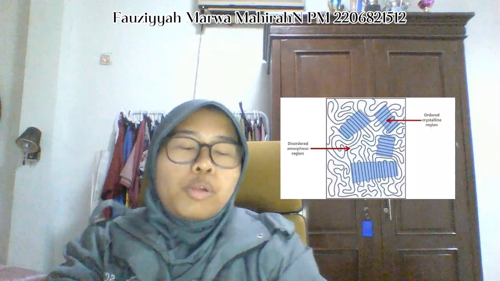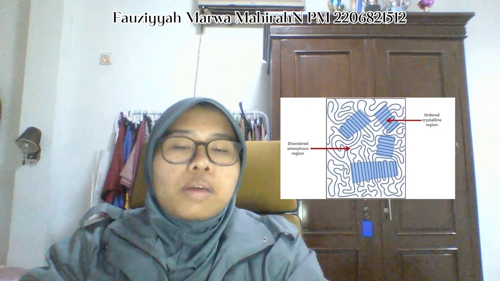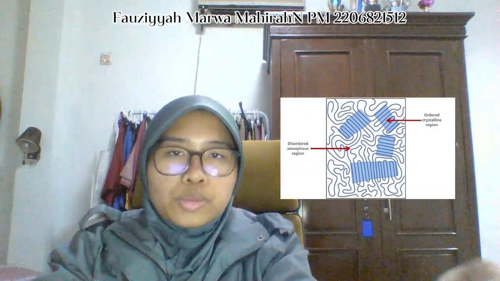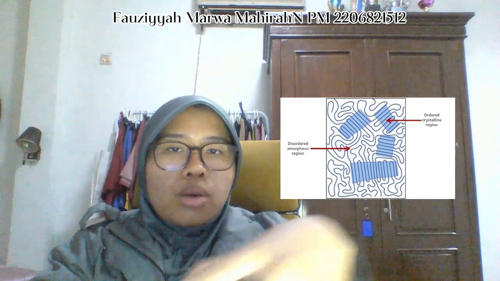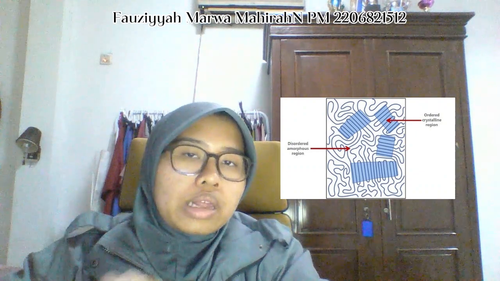If you don't know, crystallinity is a measure in a material that indicates how packed and regularly arranged the atoms are. Polymers have a tendency to be semi-crystalline because the arrangement is really packed and tidy, even though it's not perfect. There are several factors that affect crystallinity in polymers.